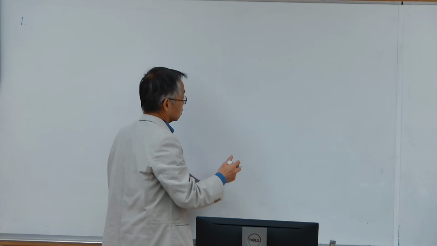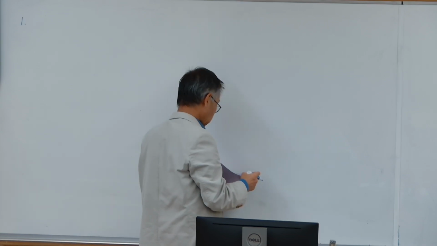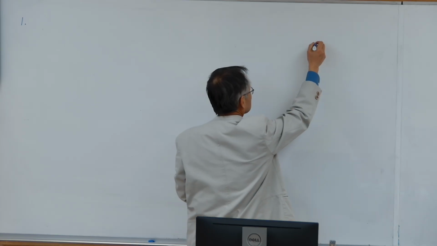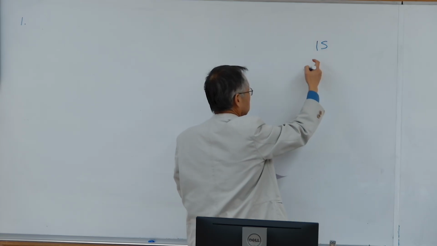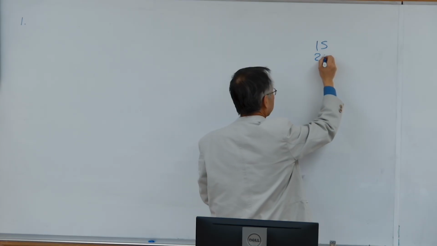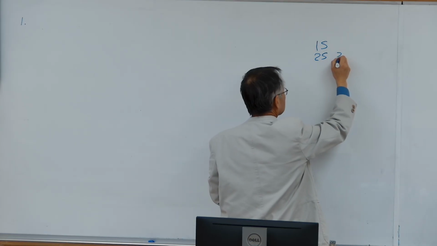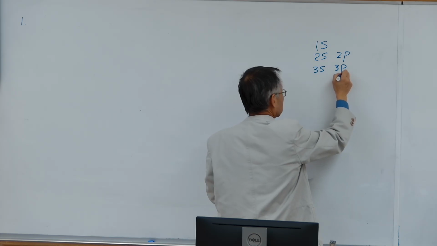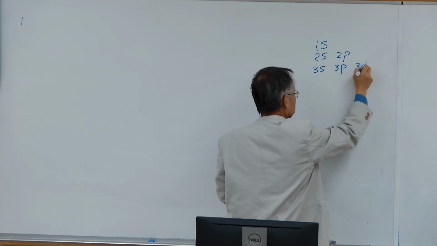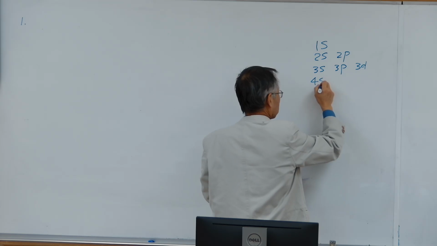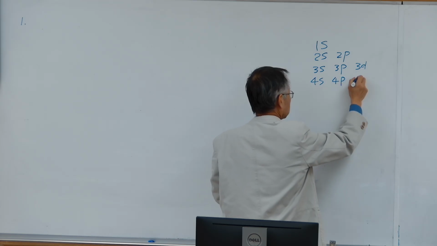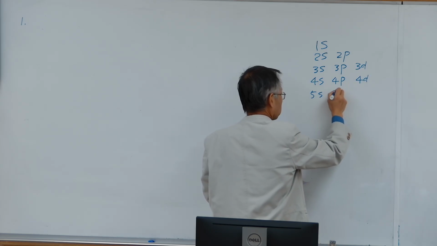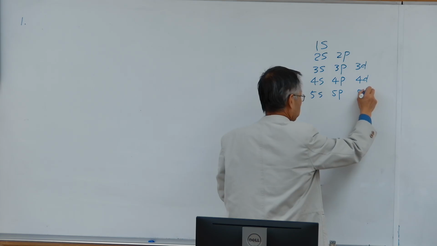Give you several choices. So orbital diagram comes from electron configuration. To write electron configuration, we need this chart. So 1s, 2s, 2p, then 3s, 3p, 3d, 4s, 4p, 4d, 5s, 5p, 5d.